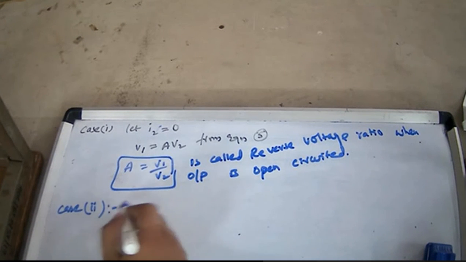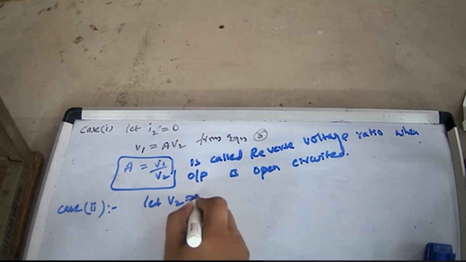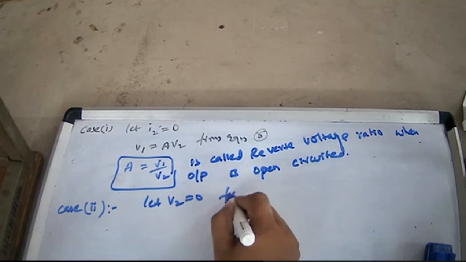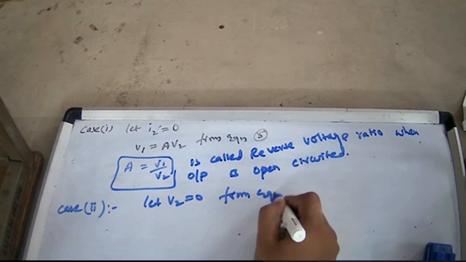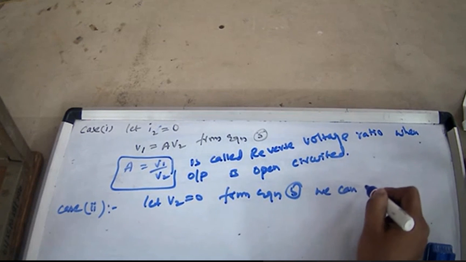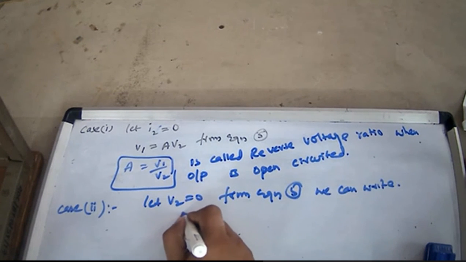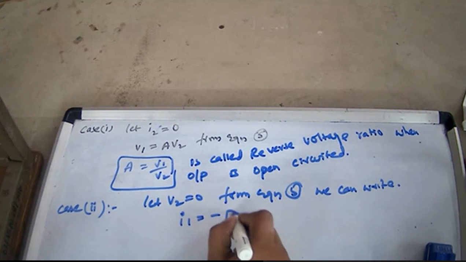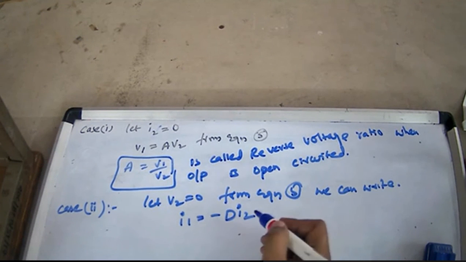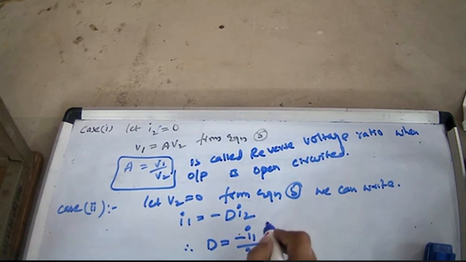Next, case 2. Let V2 is equal to 0. Then from equation 5, we can write I1 equal to minus D I2. Therefore, D equal to minus I1 by I2.